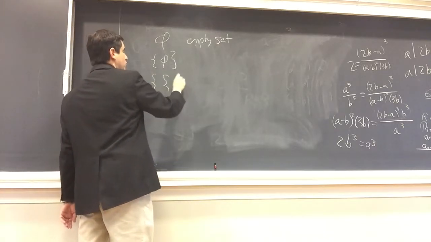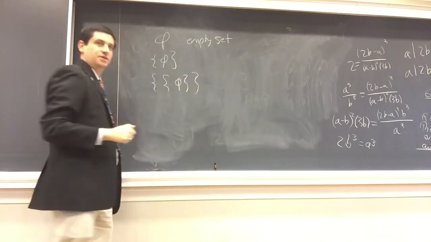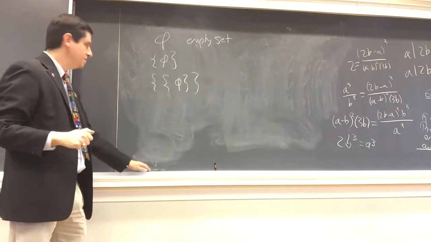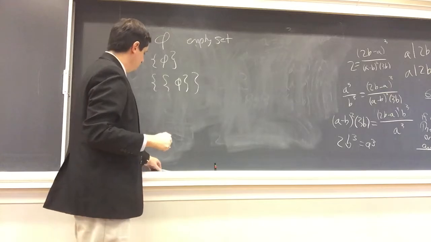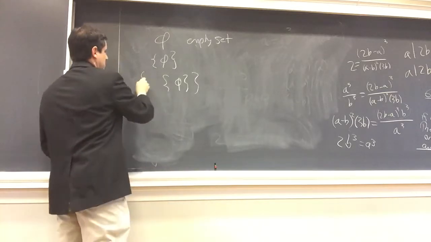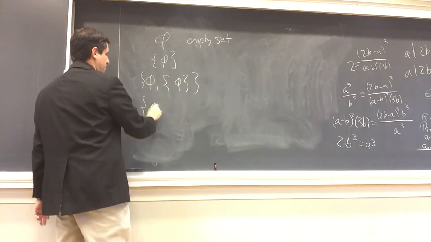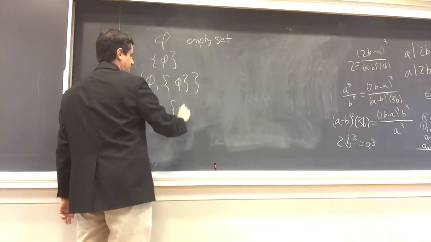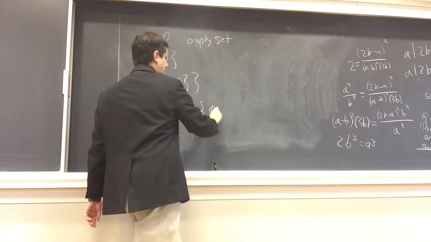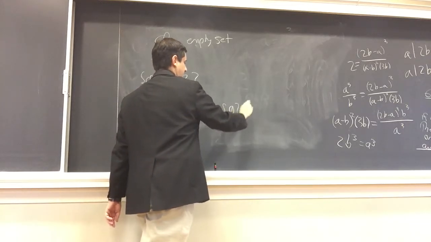So one possibility is you could do this: the set that has only one element, the set that contains the empty set. But there's something else we could do. And then the next one is the empty set together with the set containing the empty set.